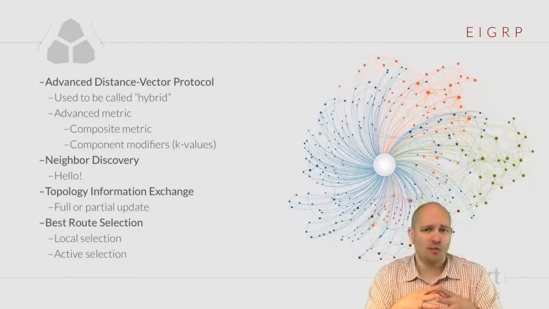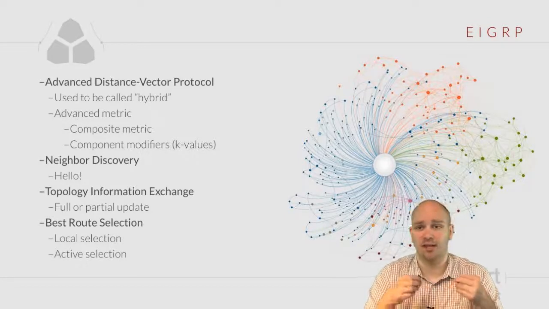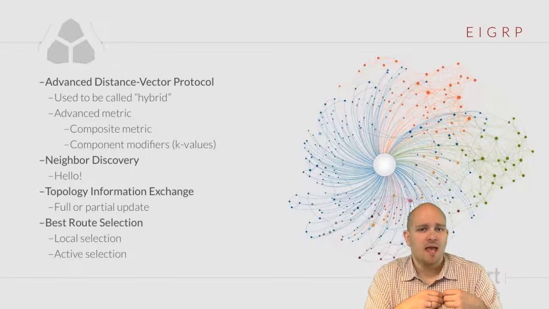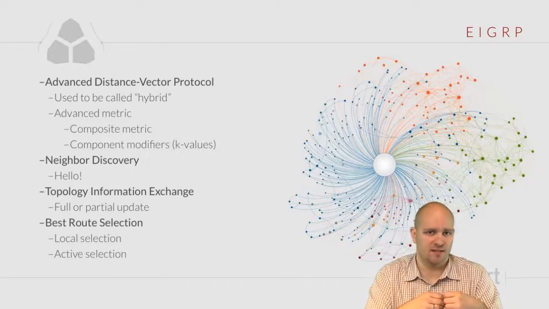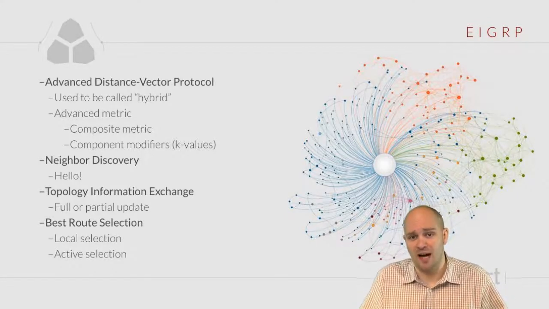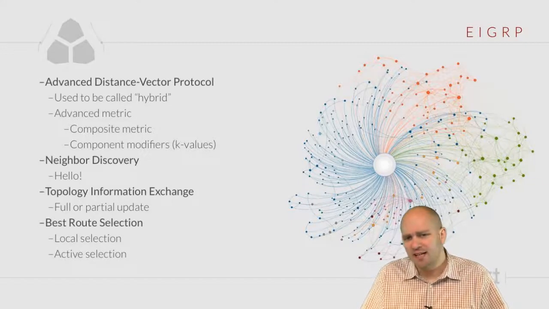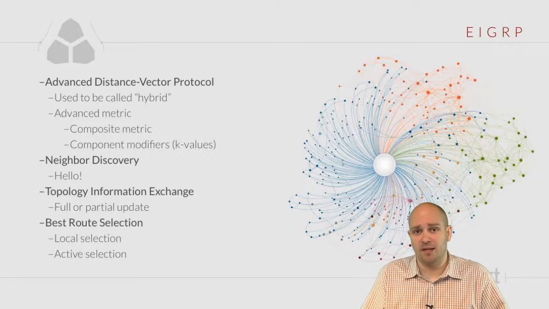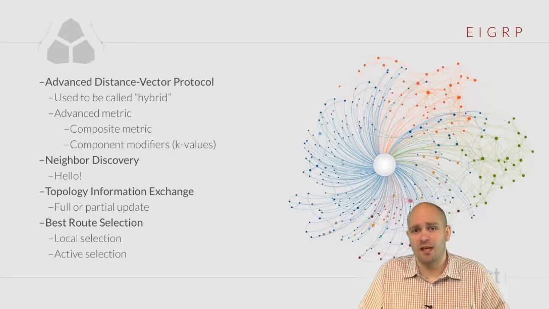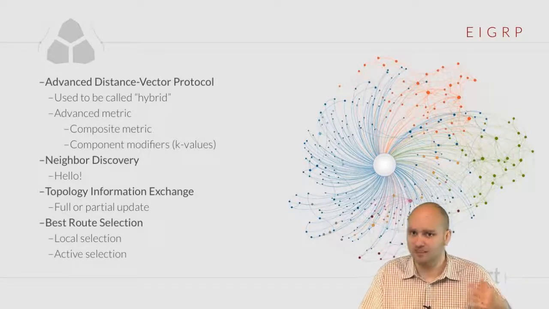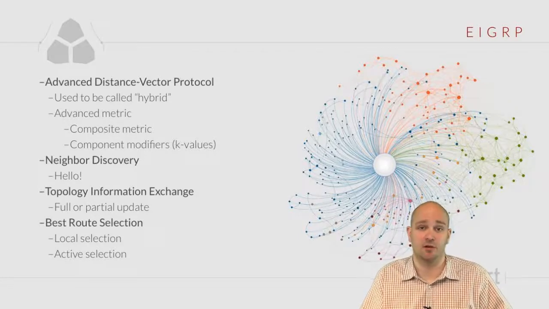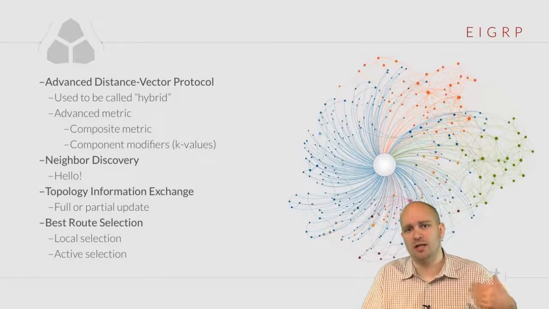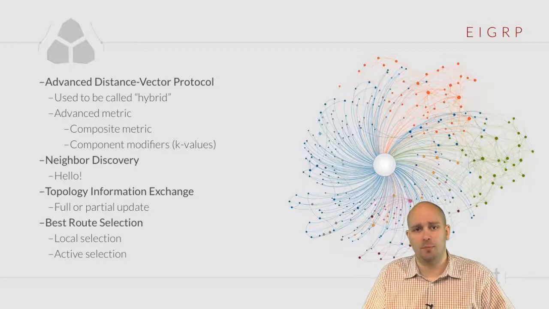So why do we call it advanced distance vector? Well, here we have to mention a little bit about the history of EIGRP. EIGRP didn't used to be called advanced distance vector. Cisco called it the hybrid routing protocol. The idea behind this hybrid notion was that EIGRP kind of marries the best of distance vector worlds, the simplicity and the speed of distance vector routing protocols, with the knowledge and the neighbor maintenance operations of link state routing protocols.